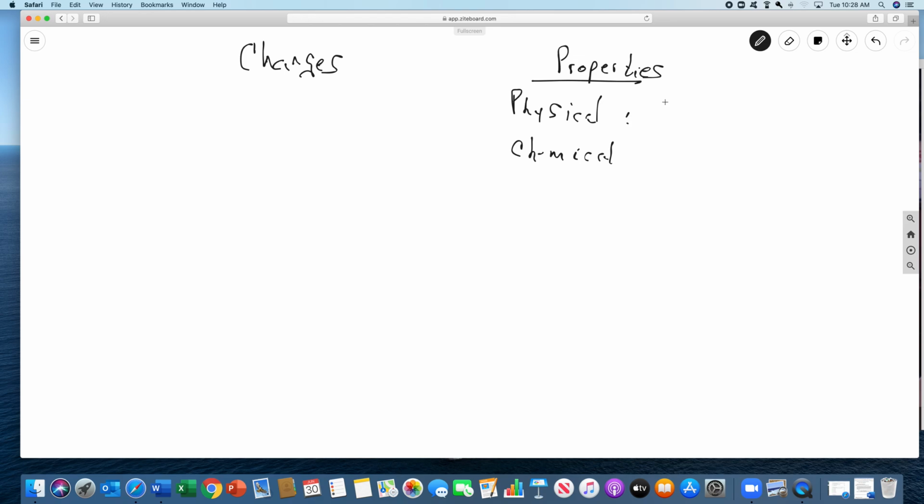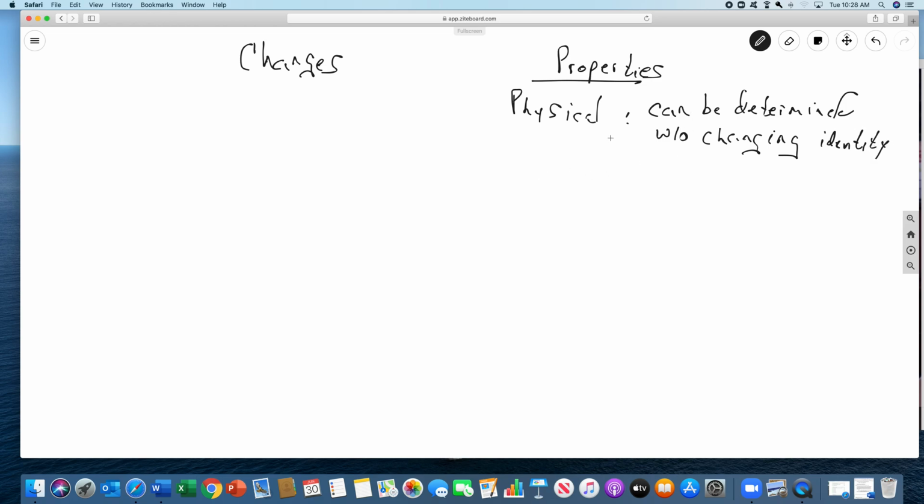A physical property is something you can figure out without changing the identity.